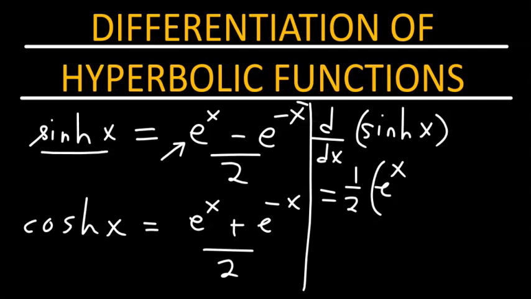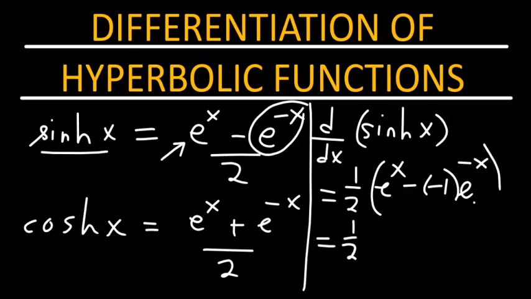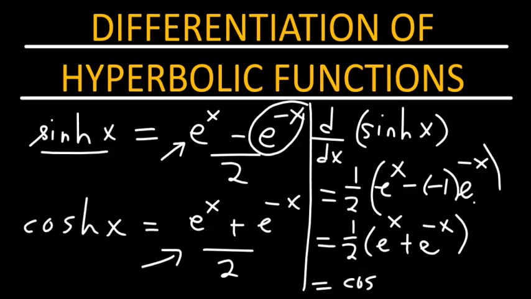Differentiating e to the power minus x will give you minus 1 times e to the power minus x, and this is half of e to the power x plus e to the power minus x, which in fact is hyperbolic cosine of x.